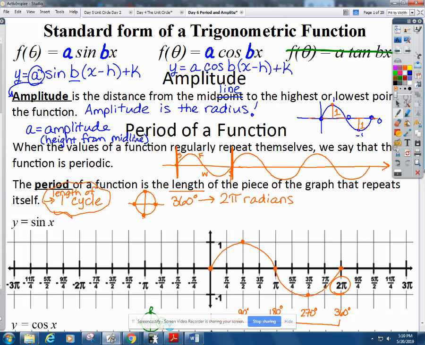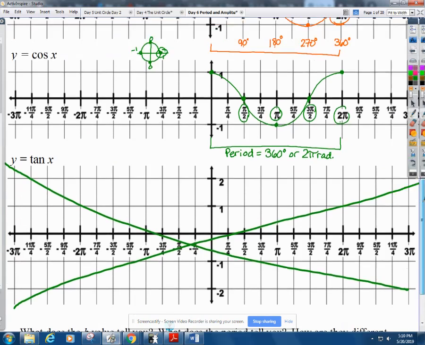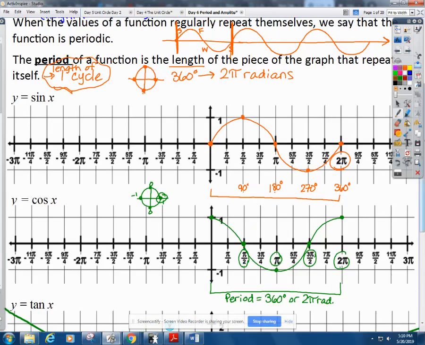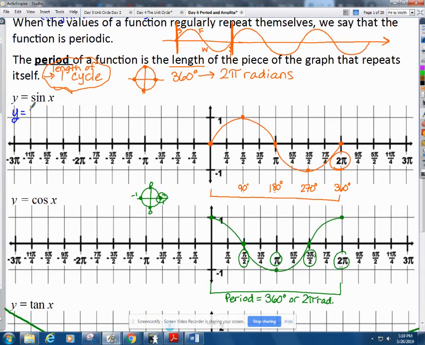Well, the B value, which it's not up here, for the parent function, just so you know, the A value is 1, and the B value is 1. So B equals 1 in this graph. A equals 1, and that's the height from the middle, so the maximum height, more or less.